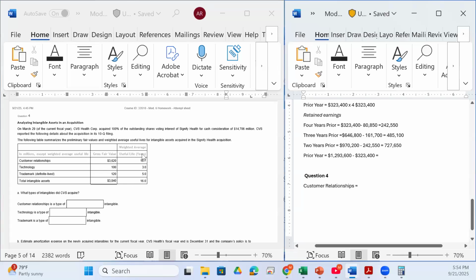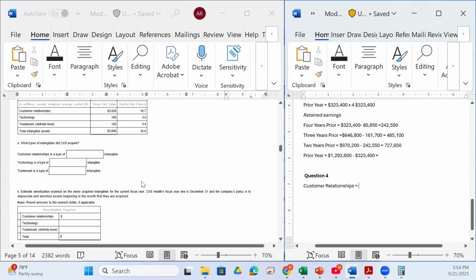So each of these intangible assets has its weighted average life. We have to find out what the amortization expense was for this year.